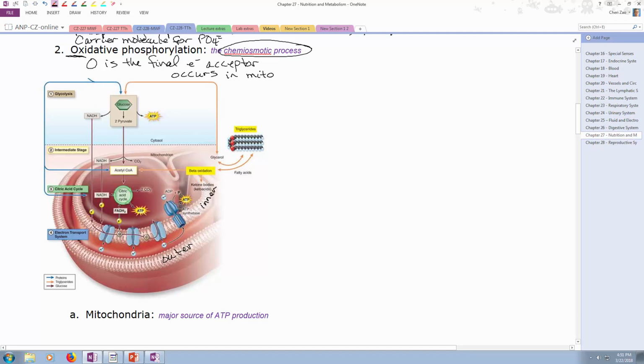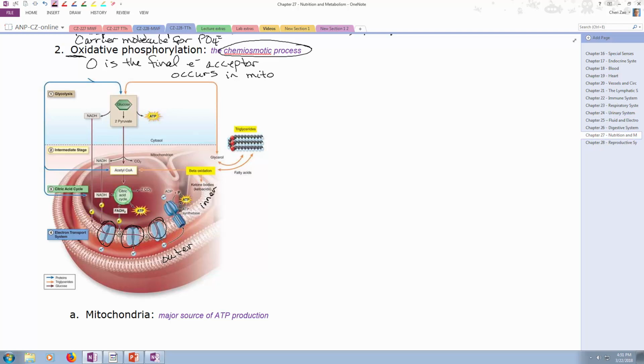Because if we want to create this concentration gradient, we're going to create some proton pumps, because that's what these guys are. All those guys in that membrane are actually proton pumps, and pumps always work against a concentration gradient, correct? They try to take a substance and move it from an area of low concentration to an area of high concentration.